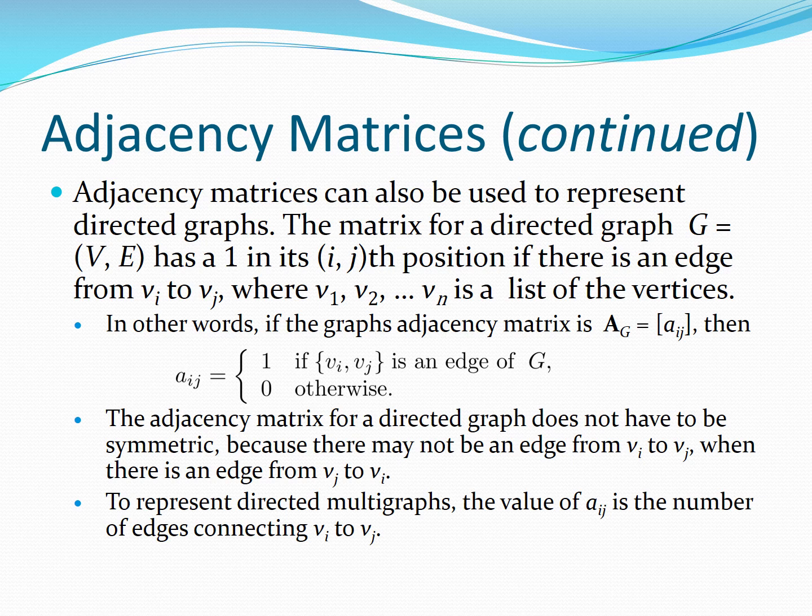So just because Aij is, let's say, 1 or a 0 does not mean Aji will be the same as Aij, because Aij represents an edge that is going from Vi to Vj. If you want to represent an edge going from Vj to Vi, that is represented by Aji, and that can be different from Aij.